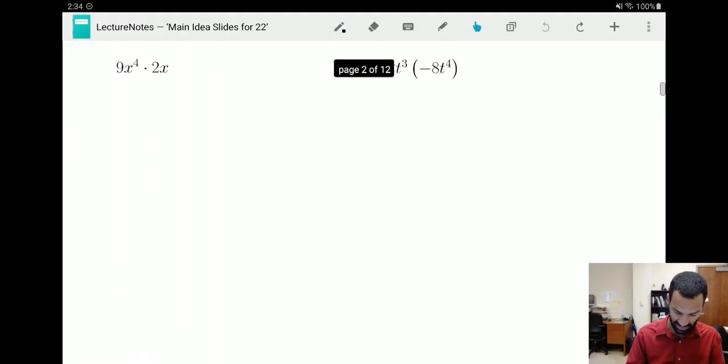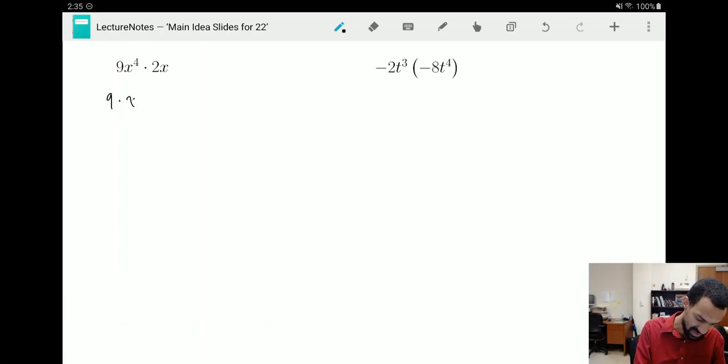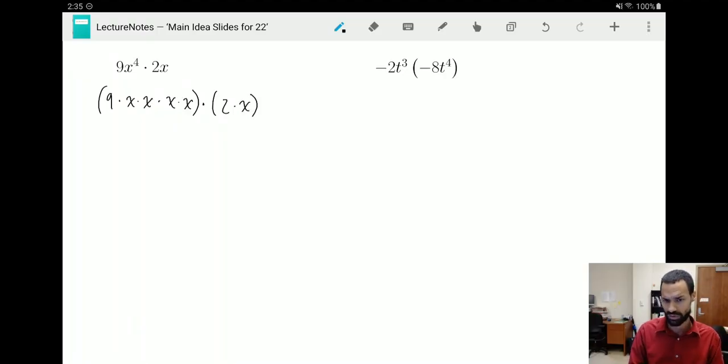Okay, so let's talk about some of these and how to work them out, how to simplify them. So this 9x to the fourth times 2x. Let's think about what's going on here. 9x to the fourth, that exponent to the fourth power means that I have 4 x's being multiplied there, right? So we have 9 times x times x times x times x. That's 9x to the fourth. And that's being multiplied times 2x, which is, of course, 2 times x. Okay, so let's rearrange it a little bit.